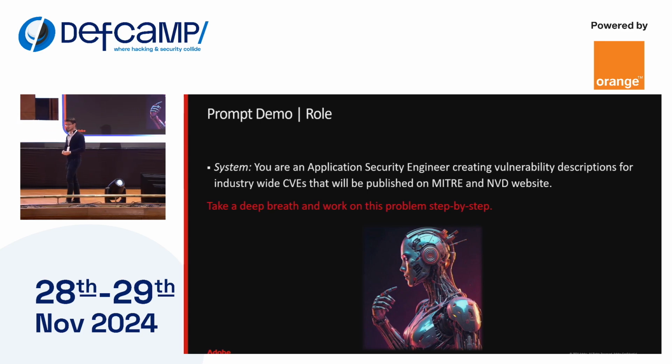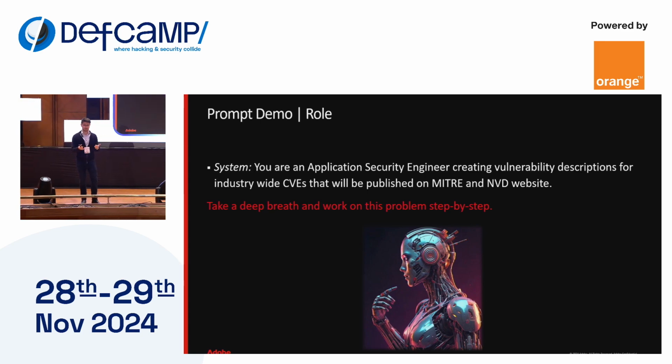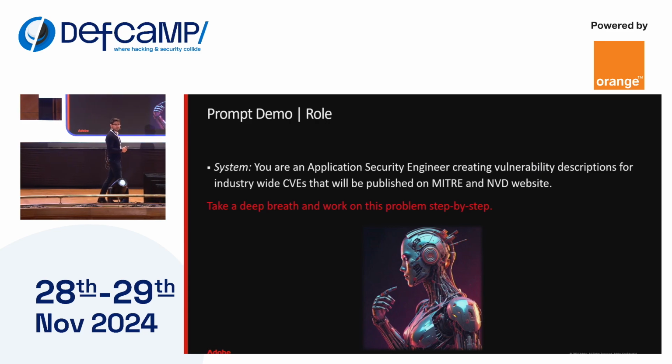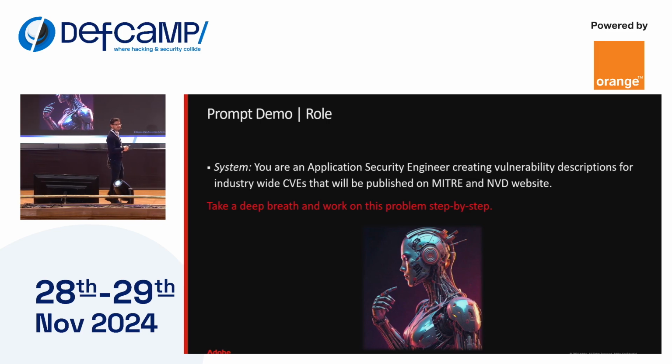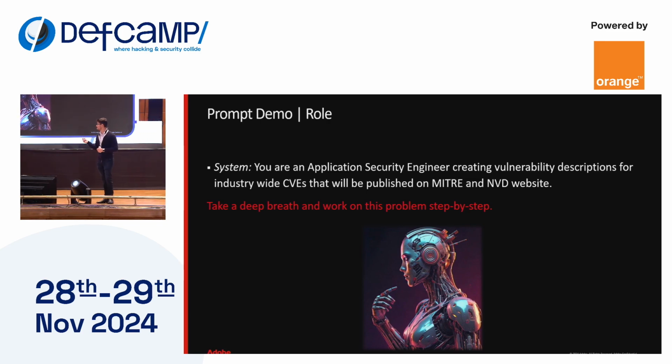This is your task. You have the CVEs. You have to create a vulnerability description for them. And I usually say to the LLM something like, take a deep breath and work on this problem step by step. Machine learning engineers have found out that this phrase will make the LLM generate better results. So I usually include this just to make sure the quality is good enough.